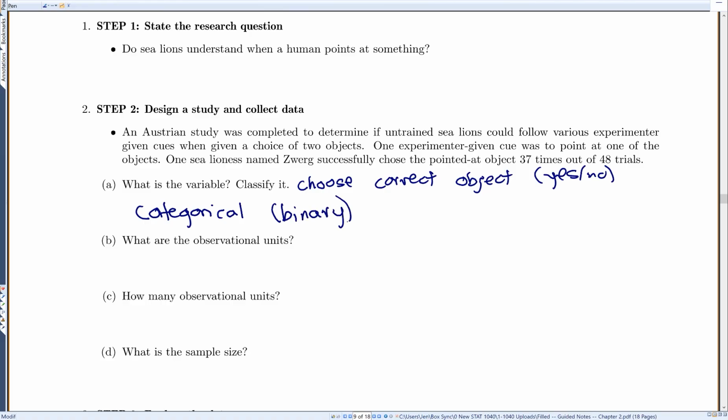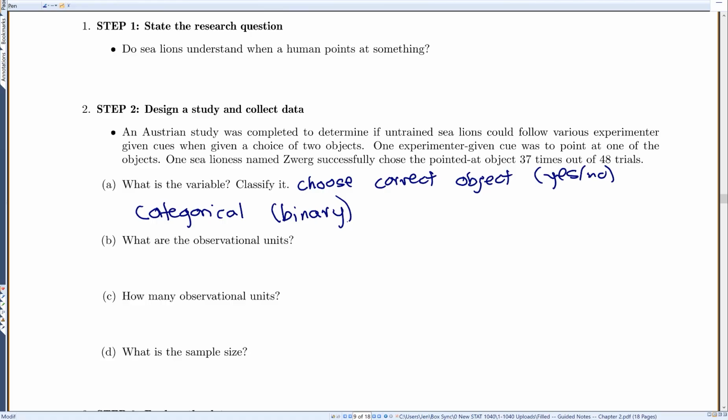And I don't think it's stated anywhere specifically in the book, but the reason we care about this is if it's binary, if it's only 2 options, yes or no, then we can use proportions to summarize it. Okay. So everything we do for the next month will just be based on proportions and this binary data. Okay, so what are the observational units?